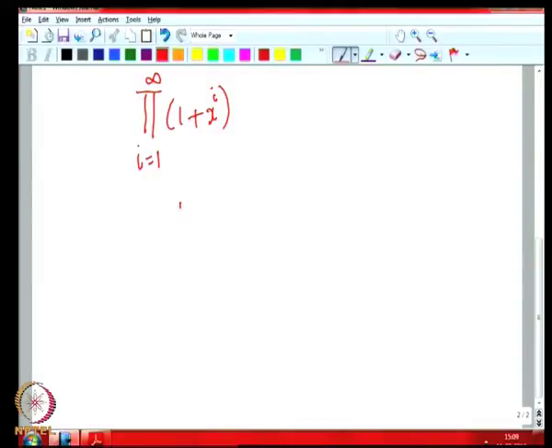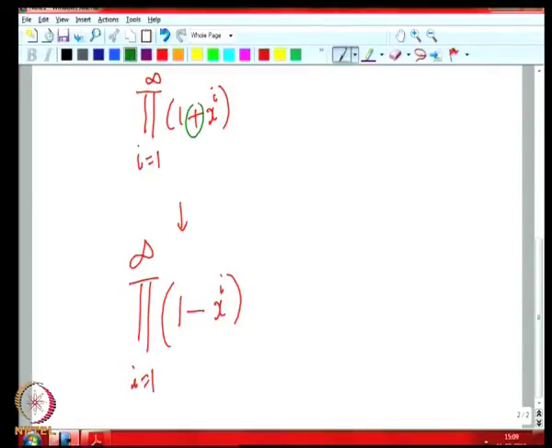But Euler considers the following function, the product of (1 minus x raised to i), i equal to 1 to infinity. So, instead of plus here he is taking minus, that is the only difference. So, how does it change?